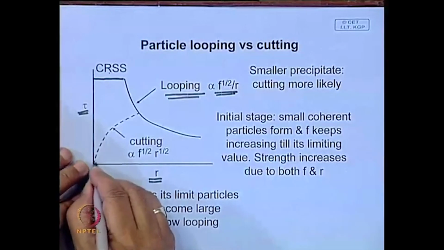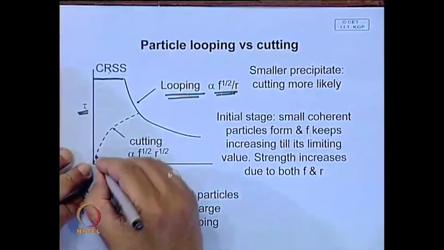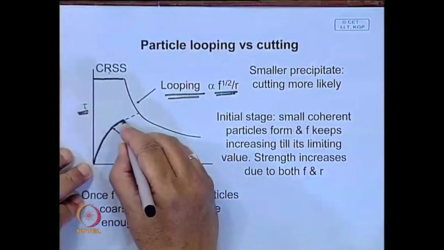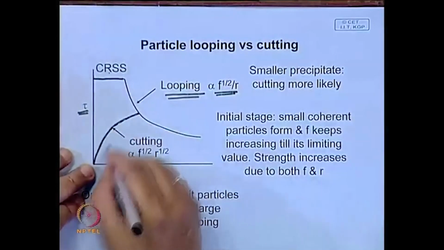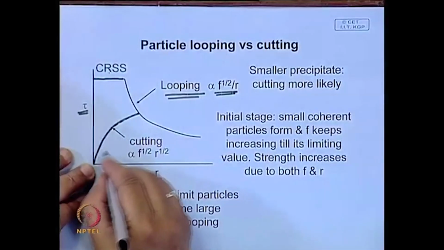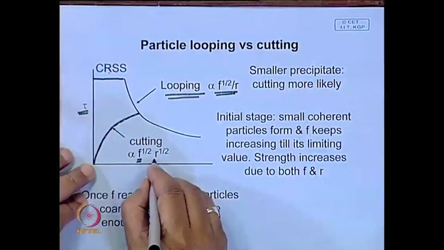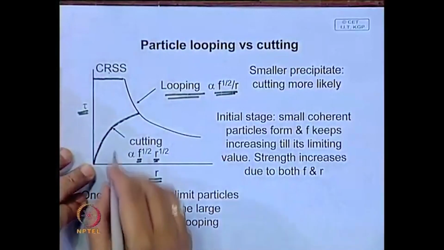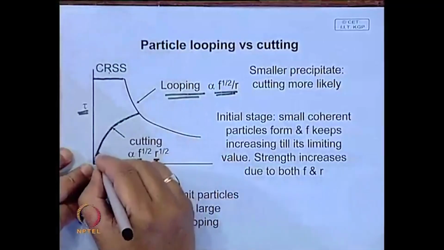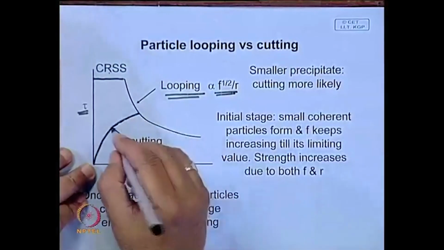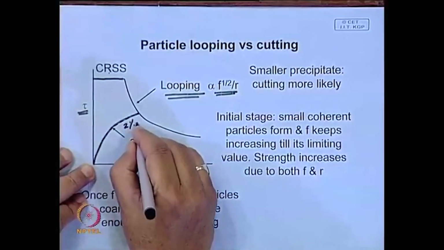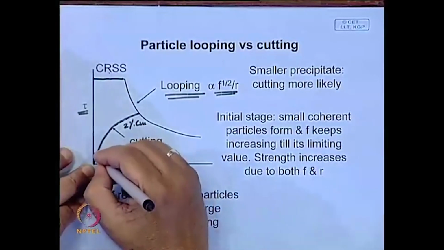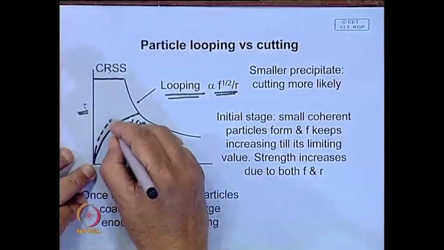Initially some amount of precipitate will form, and this will follow this plot. This is the precipitation stage or the aging process, where the volume fraction as well as r keep on increasing. This is for a particular alloy composition, say 2% copper. If you increase the copper, you will have more volume fraction, and in that case this may follow a plot like this.